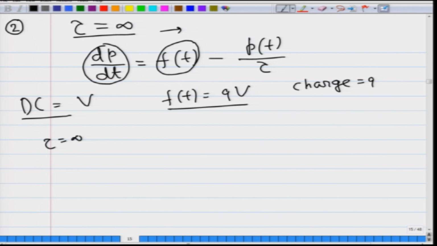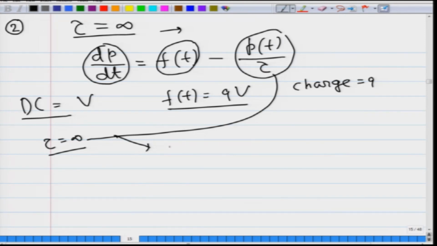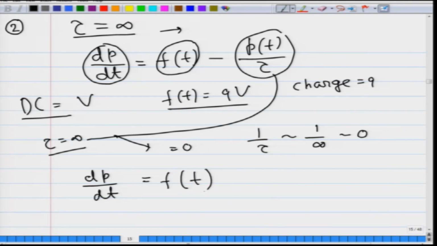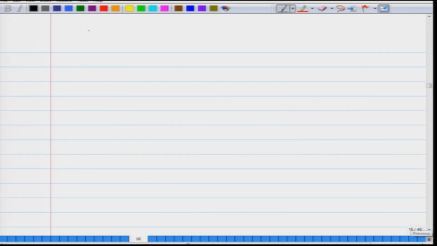Now, tau equals infinity. So, this term will go to 0, because 1 by tau, 1 by infinity, we can take it to 0. So, we take dP dt equals Ft, and Ft is Q into V. So, we can write dP dt as m into dV dt equals QV, because we know that P equals mV, and we know that J equals NQV.